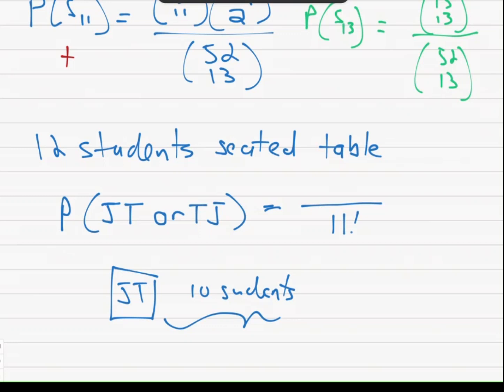So we have 11 items to permute around the table, which is 10 factorial, right? Because it's 11 things permuted on a circle. So the answer here is going to be the 10 factorial permutations, and then we have J and T or T and J. So this is 10 factorial times 2. So this turns out to be 2/11ths.